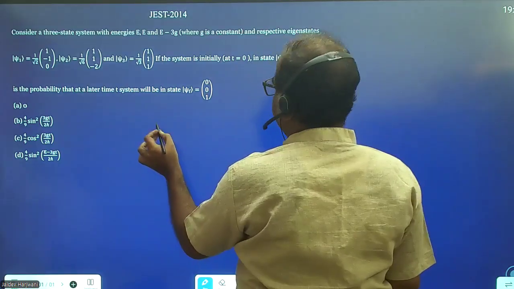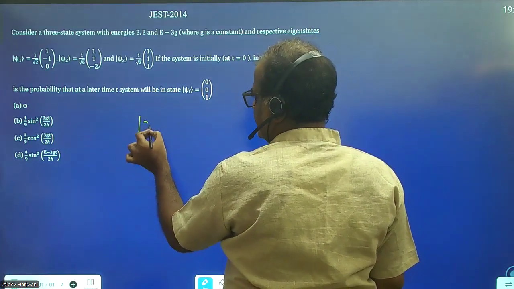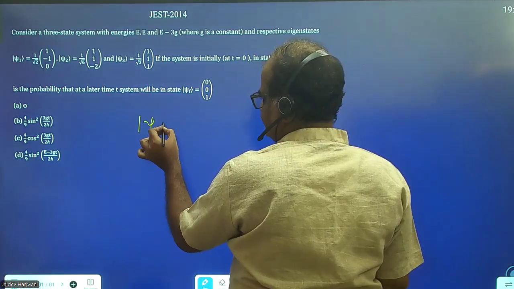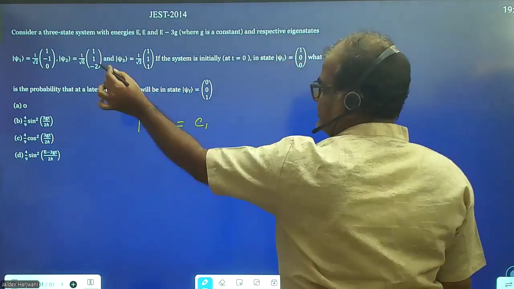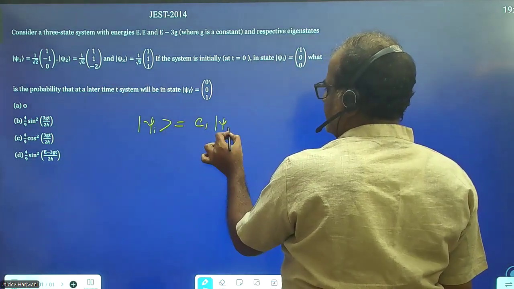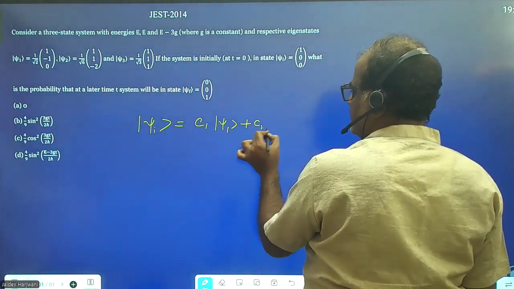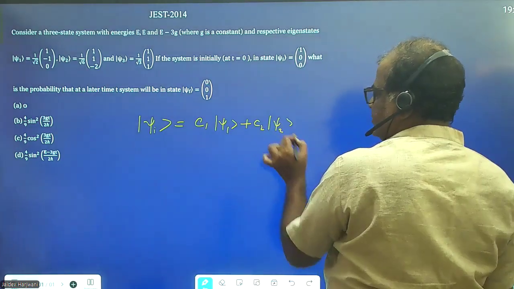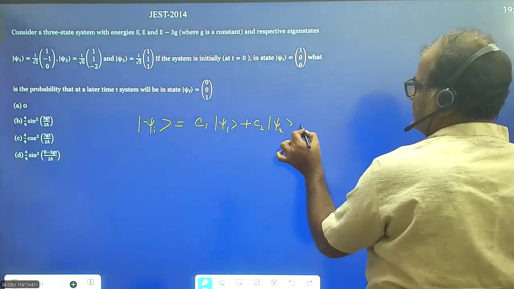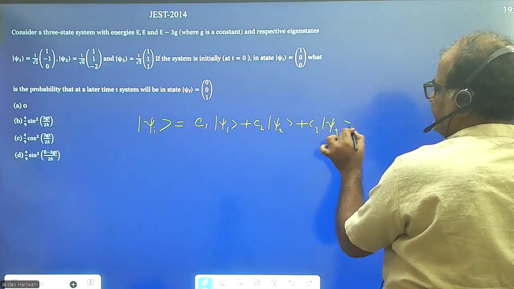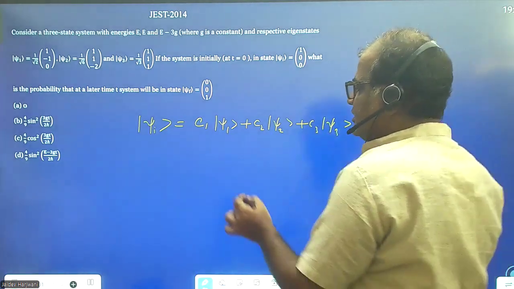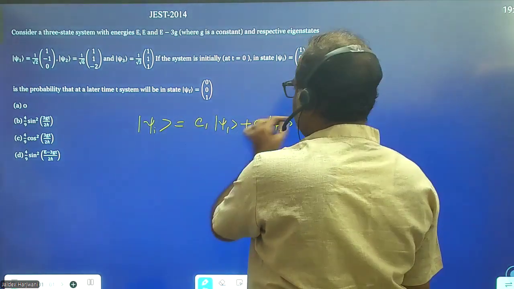So I can write psi I will be equal to C1 psi 1 plus C2 psi 2 and C3 psi 3. Now I want to find the value of C1, C2 and C3.